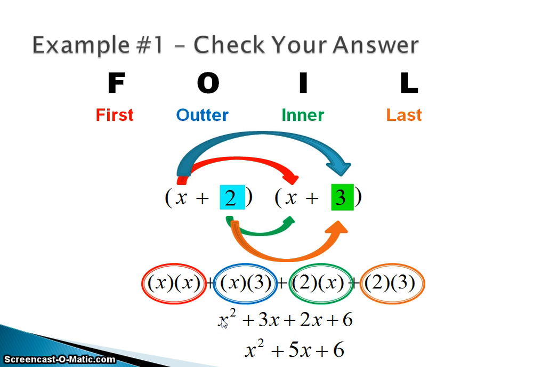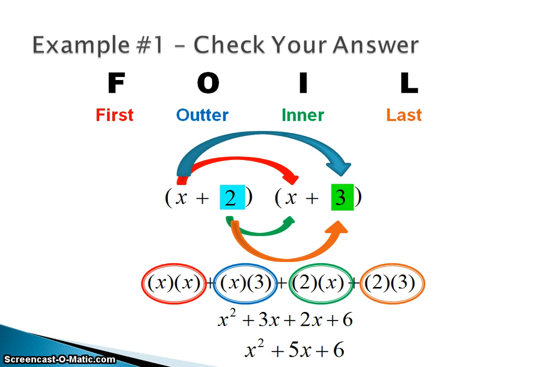They are not like terms. They do not have the same last name. So we're going to leave x squared all by itself, combine 3x and 2x, and then 6, the constant. And you'll notice that is the exact same quadratic that we started with. So you can use FOIL to multiply your factors together and check your answer.